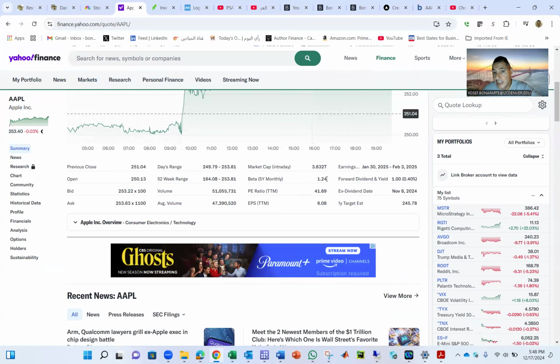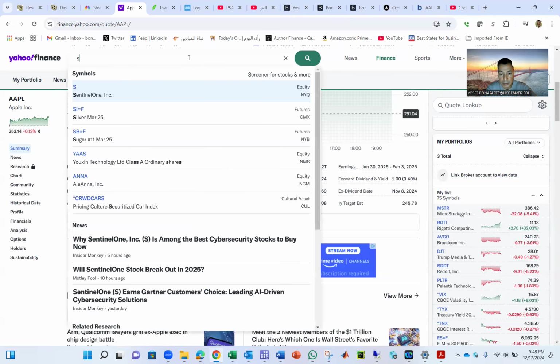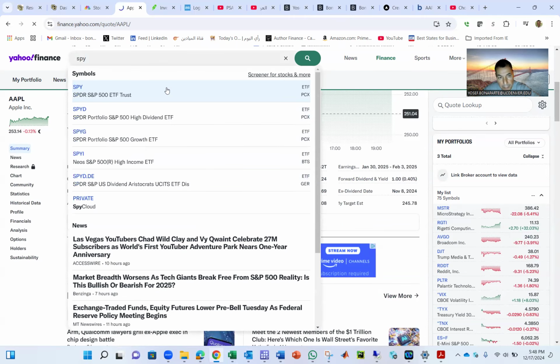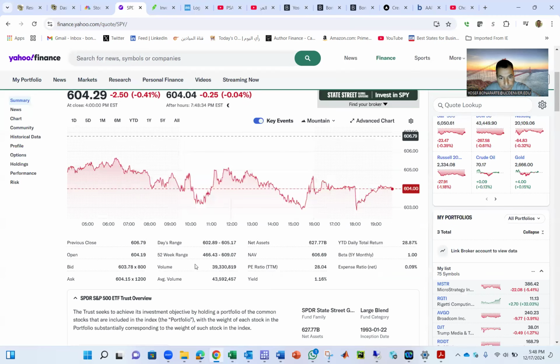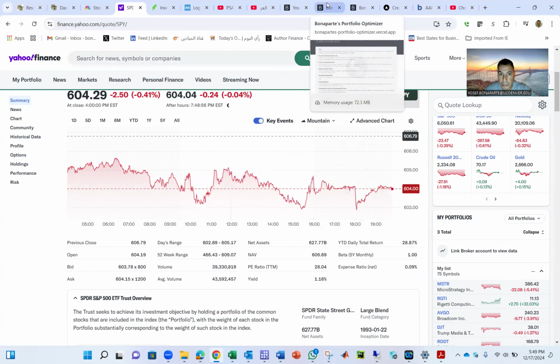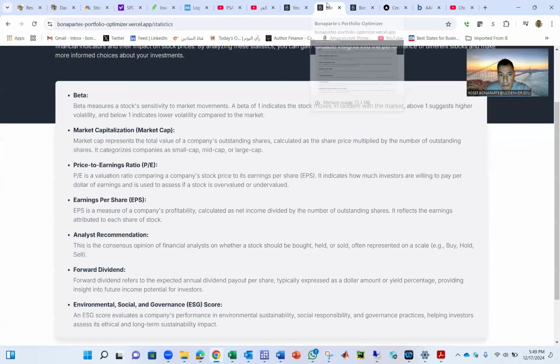That means Apple is riskier than the market by 24%. The Spider, which is the market index, has a beta of 1 by construction. Anything above 1 means riskier than the market, below 1 less risky, equal to 1 equal to the market risk.